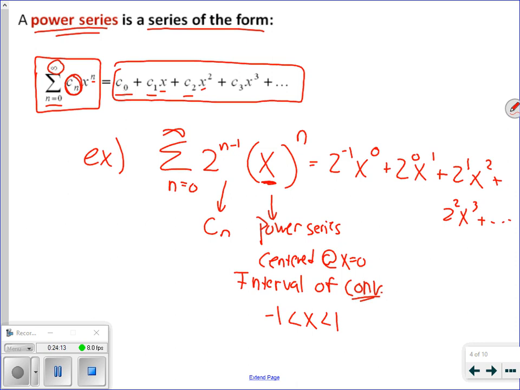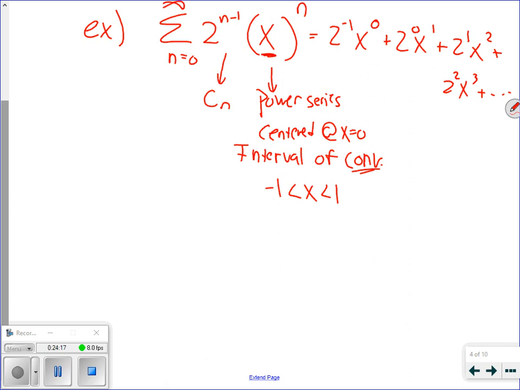What this simplifies to is the first term, 1/2, plus 2 to the 0 is 1, times x to the first is x, plus 2 times x squared, plus 4 times x cubed, and so on. That is an expanded form of a power series. It is just a polynomial with increasing powers.